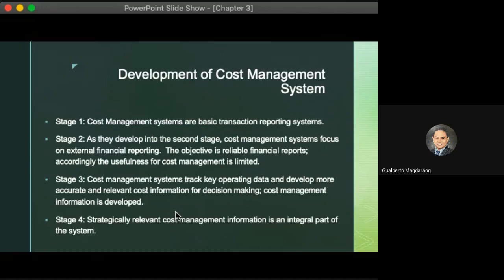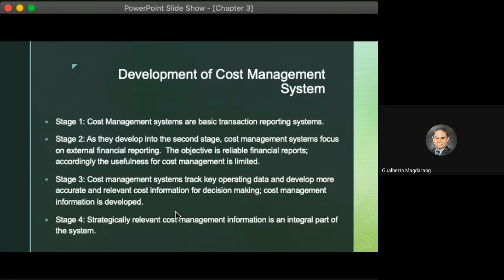So, ganyan nag-develop ang cost management information system. From merely for reporting purposes only hanggang sa nag-e-evolve siya into more comprehensive analysis of how are we going to use this information to either make our business grow.